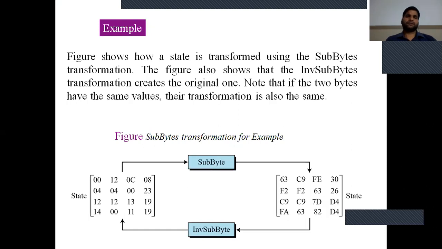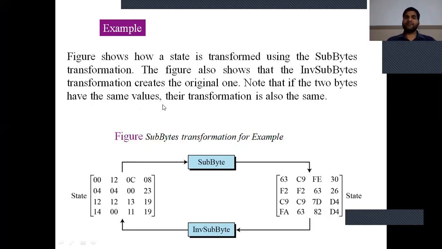For example, the figure shows how the state is transformed using the SubBytes transformation. The figure also shows that individual SubBytes transformations recreate the original. Note that if two bytes have the same value, their transformation is also the same.